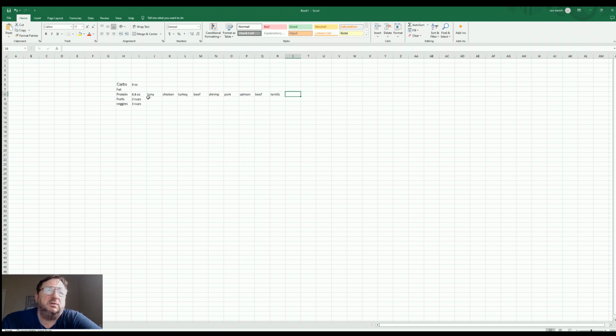And you need to figure out, okay, 6.5 ounces for me, in my case. What is 6.5 ounces of tuna? How much is it? How much of chicken, turkey, beef, shrimp, pork, salmon, beef, lentils?